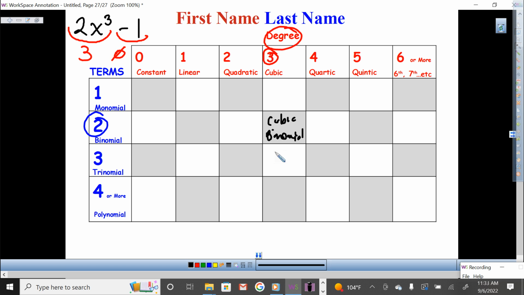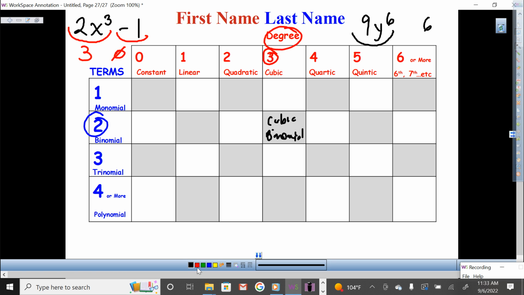Yeah, so the question was, what about 6, Mr. Q? Well, what if I gave you something like this? Watch. Let's say I gave 9y to the 6th degree, and that's it. So watch. First, let's find out the degree. What's the degree of this term? 6.